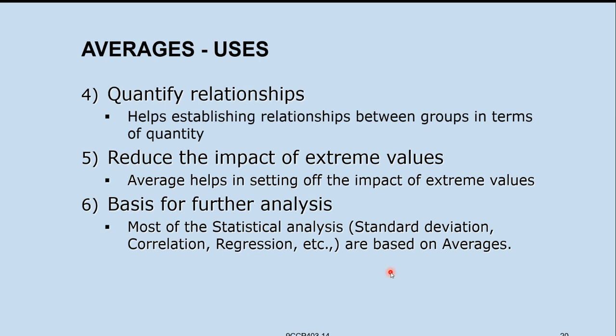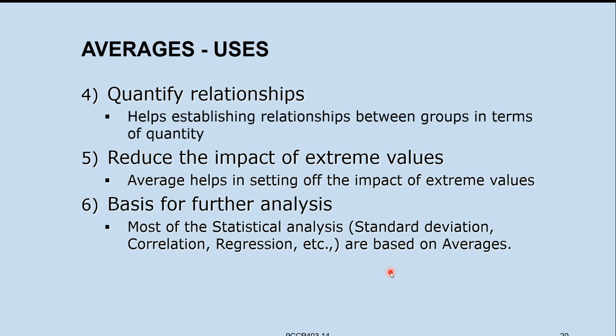If B is having 100, then A will be having 50. If B is having 10,000, obviously A will be having 5,000. So this is comparison. That relation helps the data or groups in comparing.